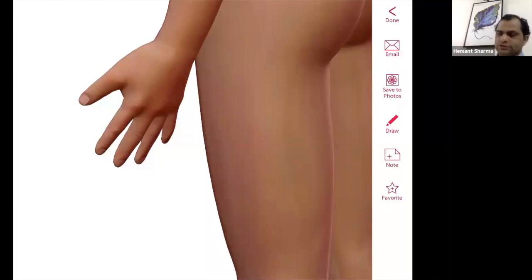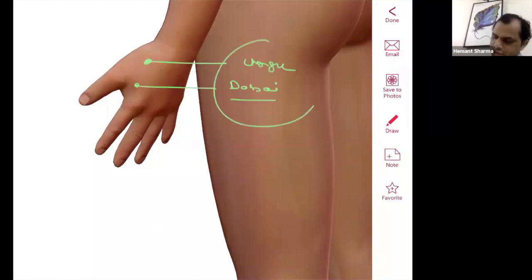But master treatment is so effective that even if you create a little pain, the effect will be much faster. So the Lingu is here, Dava is here. If you put both points together, they can treat each and every problem in the body, especially L4, disc degeneration.